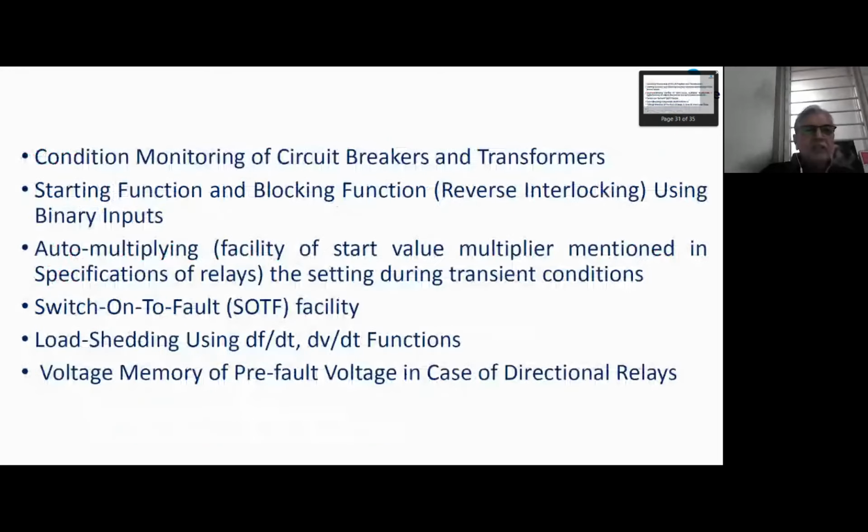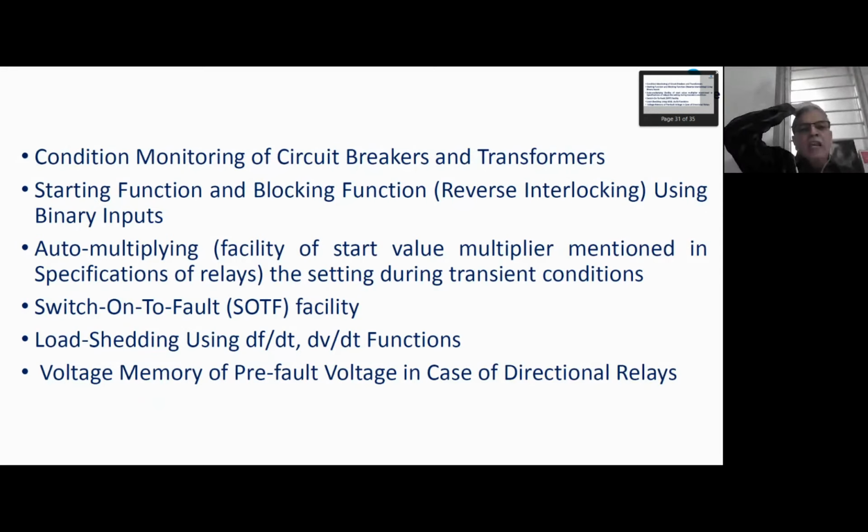Condition monitoring of circuit breaker. Circuit breakers usually require maintenance after a certain number of operations. The contacts have a carbon layer because of arcing, so that has to be cleaned, and spring adjustment is to be done, and many more things.